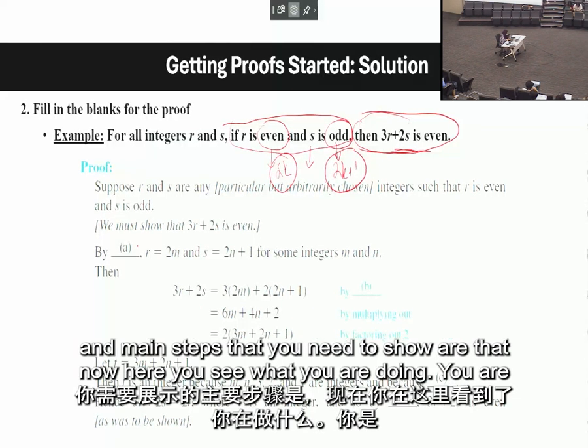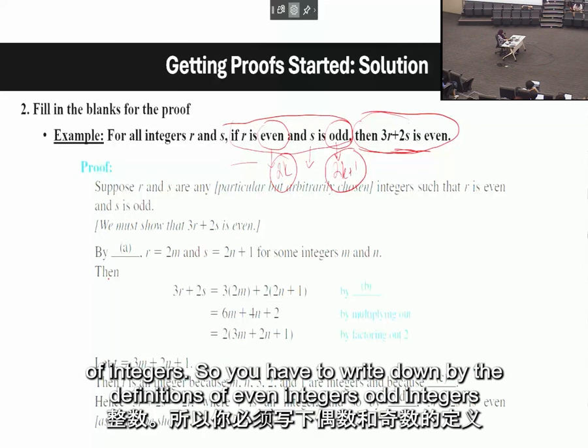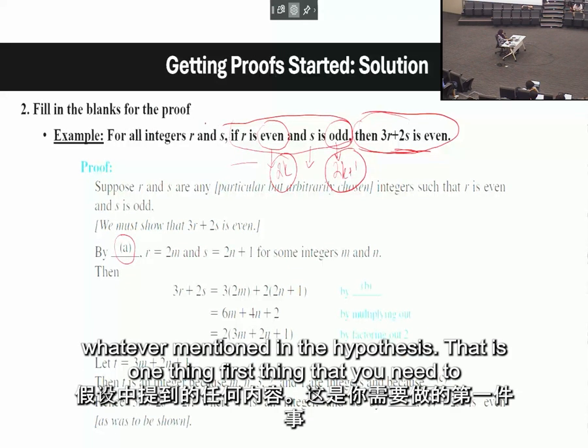And the main steps that you need to show are these. Now here you see what you are doing. You are taking the definitions, right? From the hypothesis, you are taking the definitions of the types of integers. So you have to write down the definitions of even integers, odd integers, whatever is mentioned in the hypothesis.